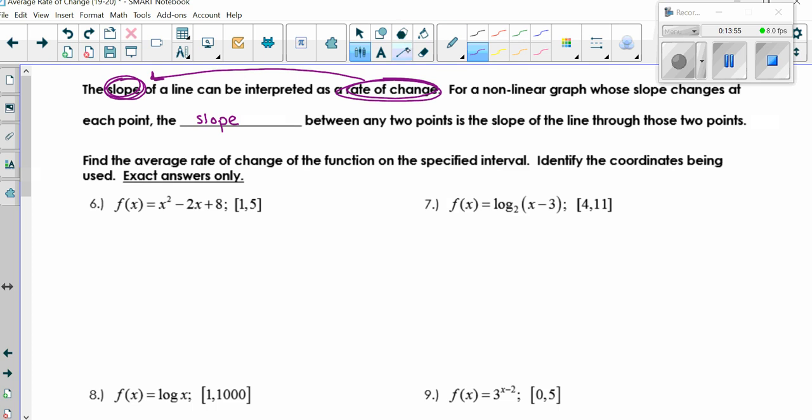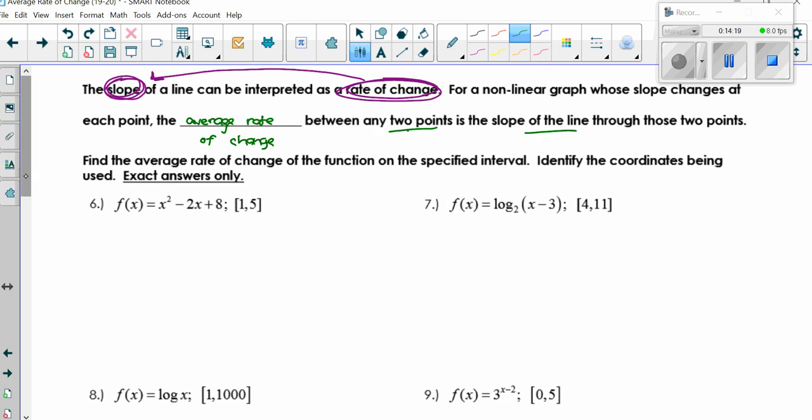Oh, sorry, that's redundant. This is supposed to say average rate of change. So the average rate of change between any 2 points is the slope of the line through those 2 points.